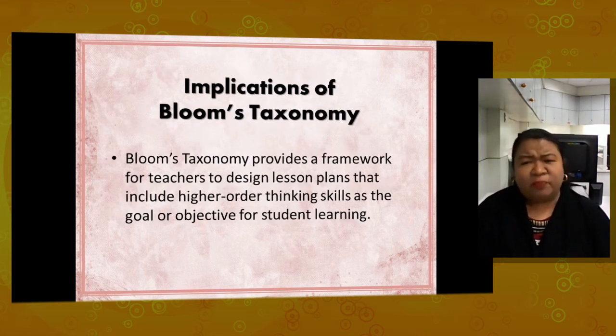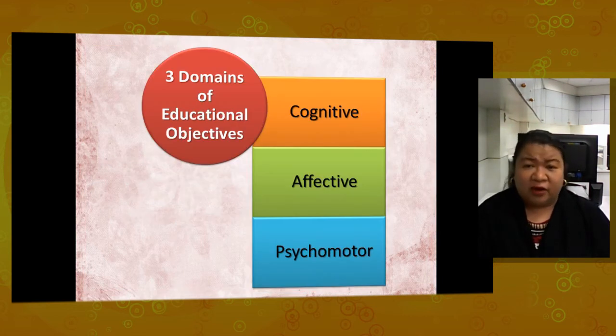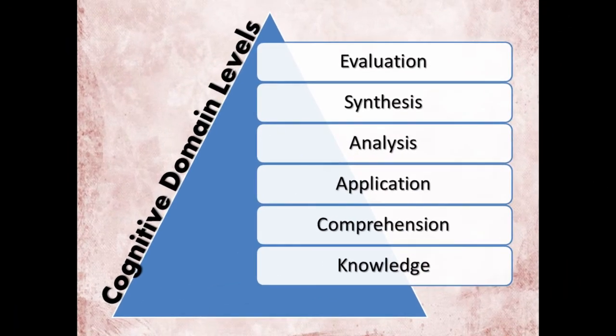It provides a framework for teachers, as I've mentioned, in designing lesson plans that include higher order thinking as the goal or objective for student learning. We already mentioned the cognitive, affective, and psychomotor domains.